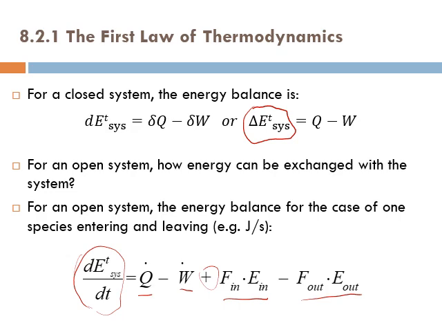And you can see that we are multiplying the mass coming in with energy and the mass going out with energy, except that as a chemical engineer, I prefer to work with number of moles instead of mass. That's why we have Fin times Ein minus Fout times Eout.